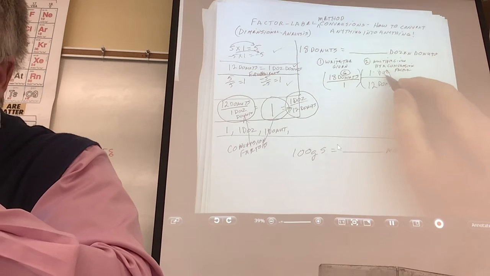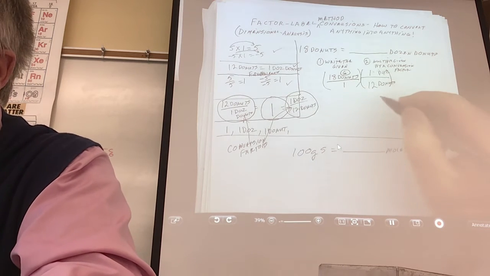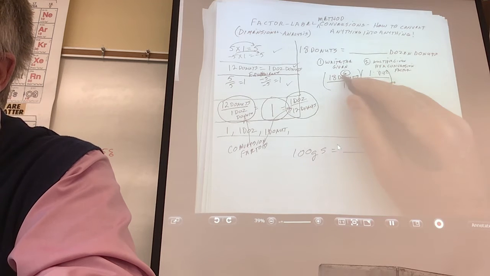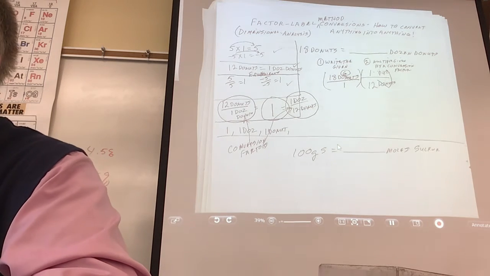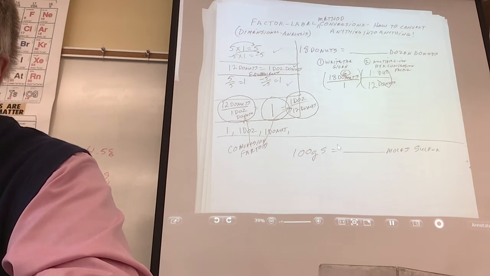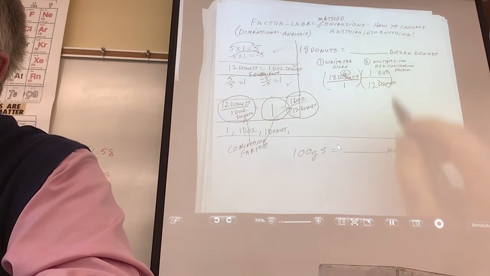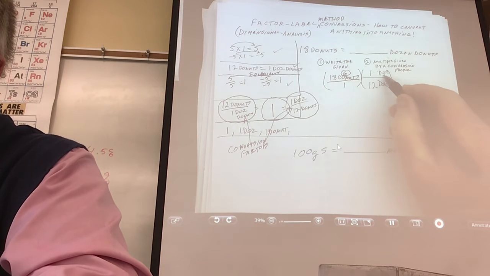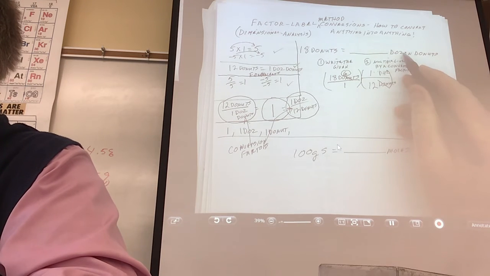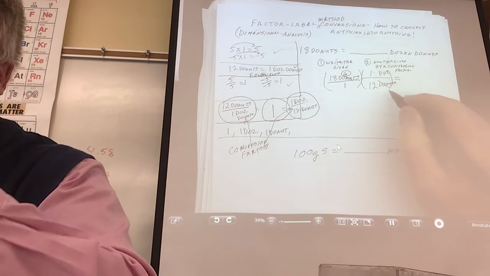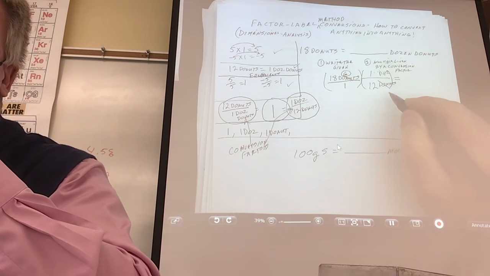You will get points for taking a single line and crossing out the label that gets crossed out. Not the number. You're not crossing out numbers. You're crossing out the label. Next, when the only label that's not canceled is the one you want, only then do you put equals, and only then do you pick up your calculator.